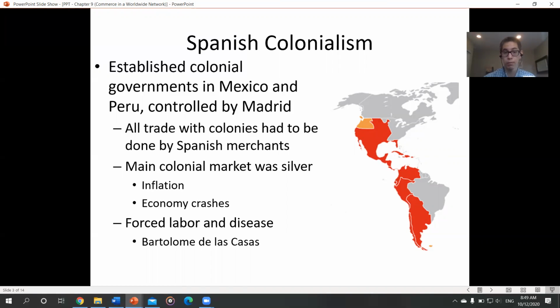It was controlled by Madrid, the capital of Spain. So Spain would appoint the governors in Mexico City and in Peru, who would then control the South American or Latin American colonies. The main purpose, the main goal, or the main industry, I guess, of Spanish colonialism was to get minerals, silver specifically.